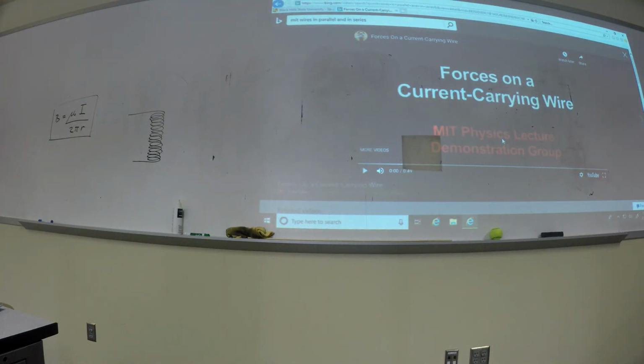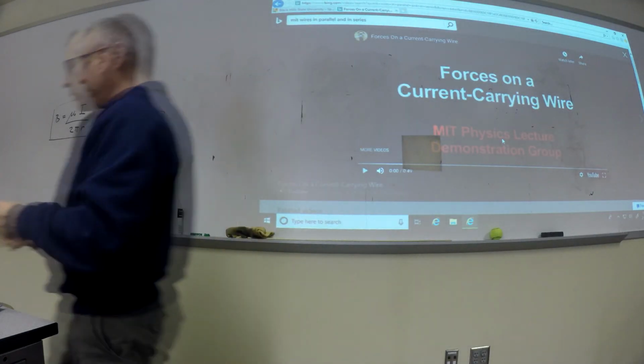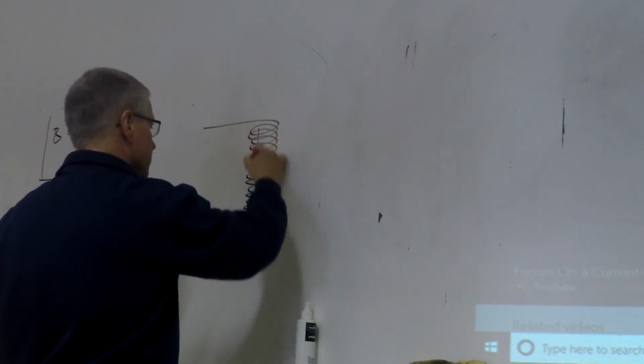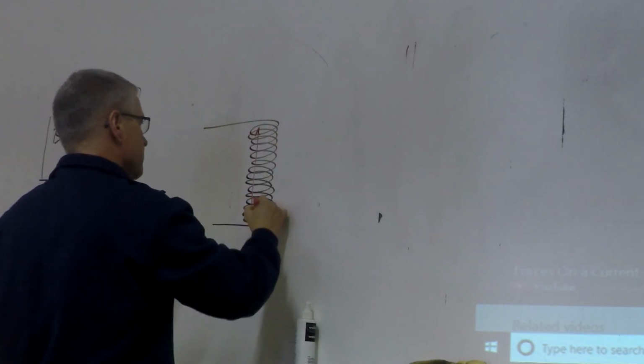I'm just going to show a single one because it's a little easier to see. If I send the current that way, we get a magnetic field like this. If I do another loop, another loop, another loop, I still get a magnetic field like that. And it'll keep going up until it pops out. So I get a magnetic field that looks like this.